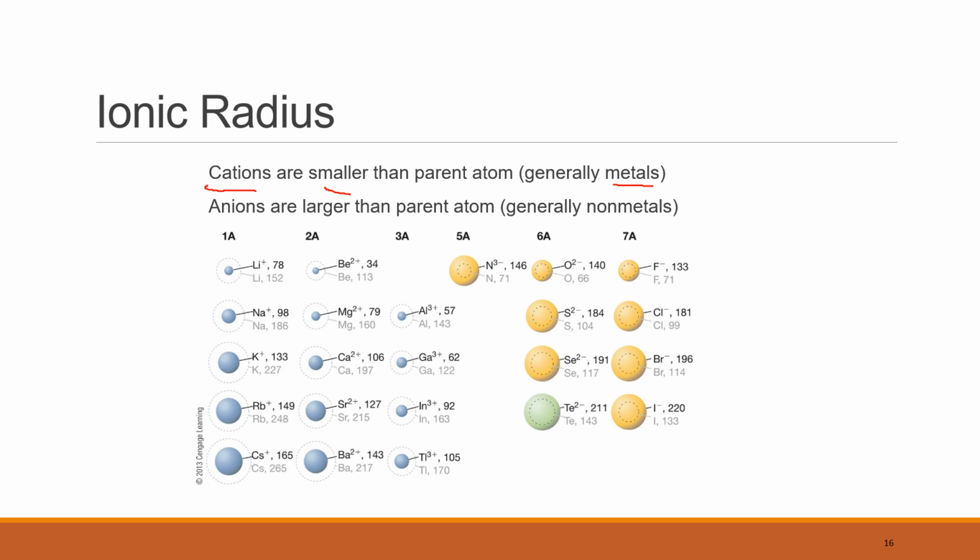So why are cations usually smaller than their parent atom? Well, it's because in order to form a cation, you have to remove an electron. And if you remove an electron, that means the other electrons that are still present are going to feel the pull of that positively charged nucleus even more, making them hug in a little bit tighter and making the radius of that atom now slightly smaller.